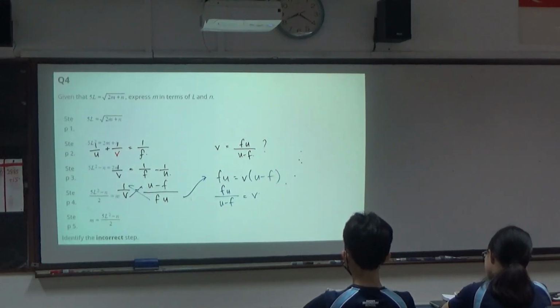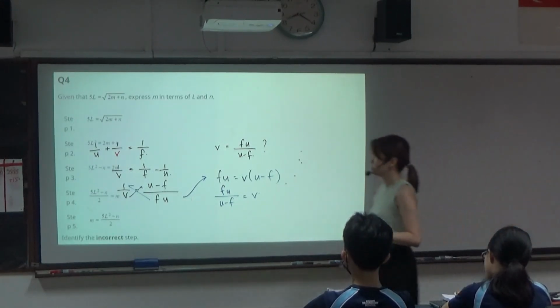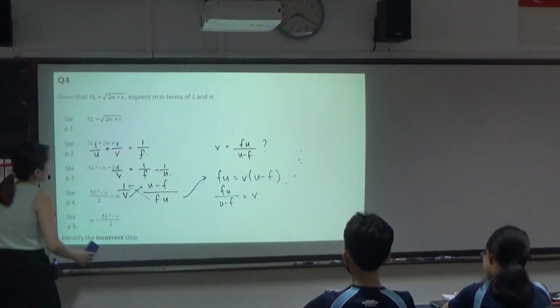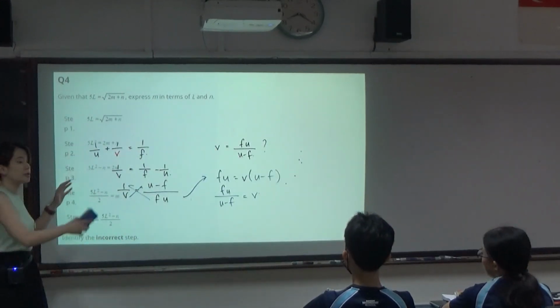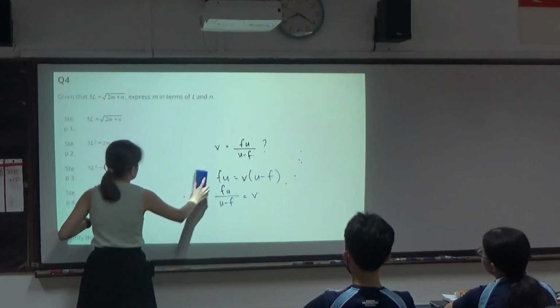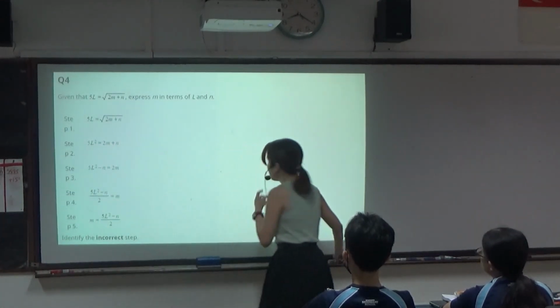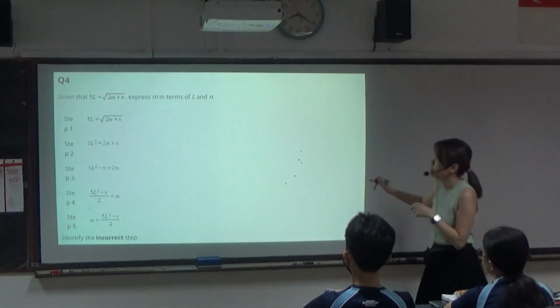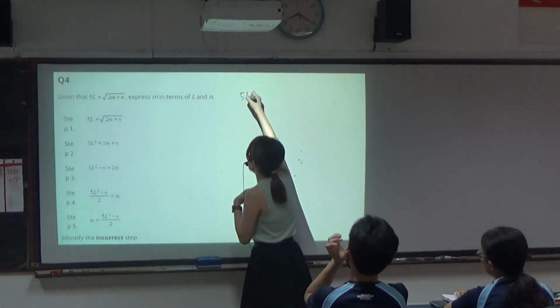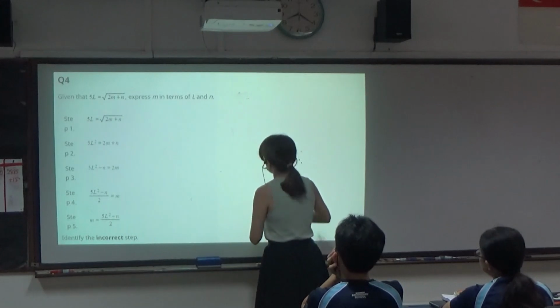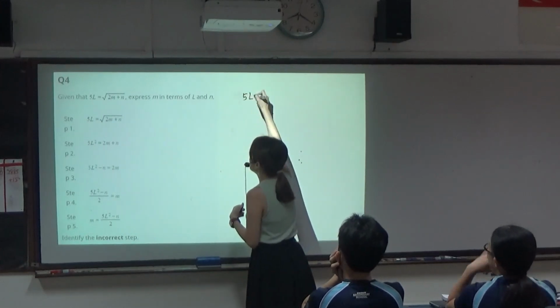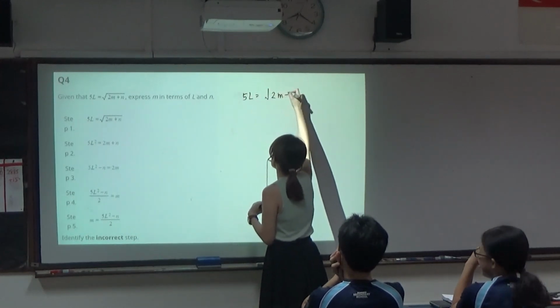Question 4. I erase this down. Okay, question 4. This was the question. They gave you 5L equals the square root of 2m plus n.